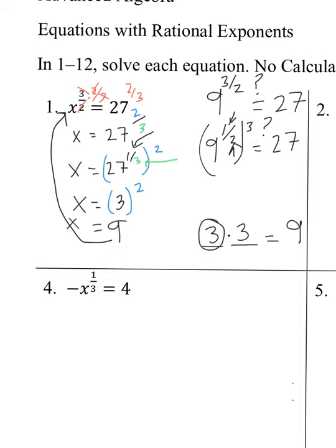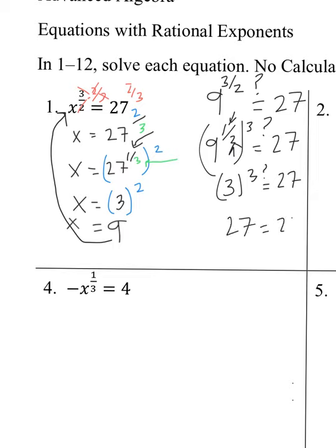We take 1, 3. So 9 to the exponent 1 half is 3. 3 cubed. Does that equal 27? 3 cubed is 3 times 3 times 3. So we have 27 equals 27, so that checks.